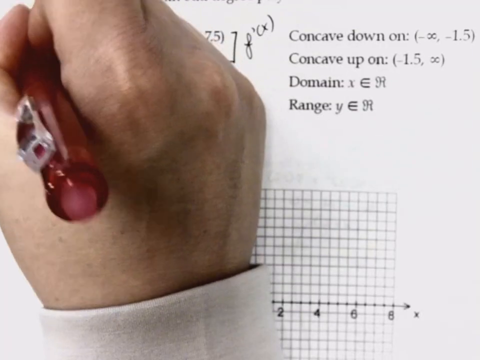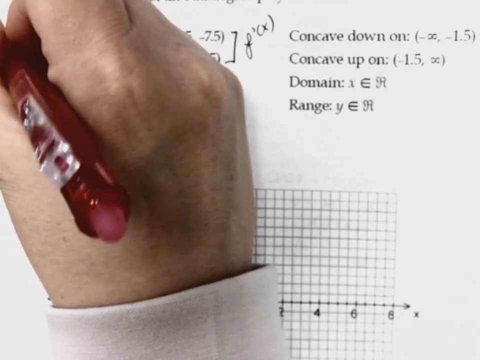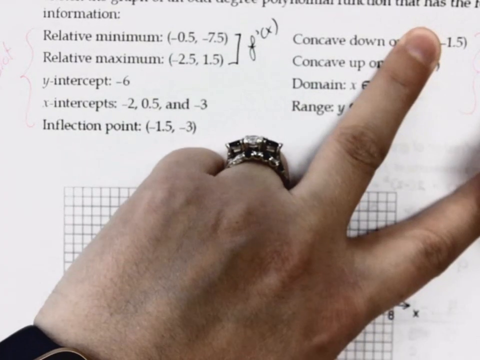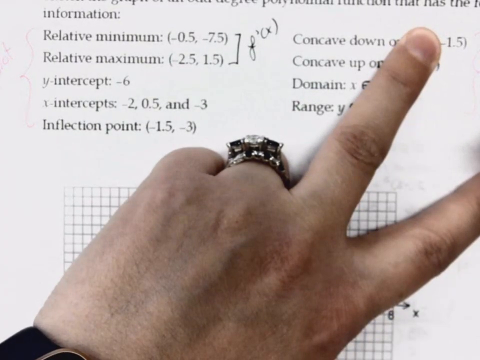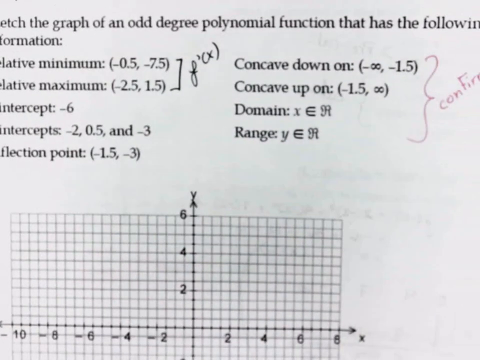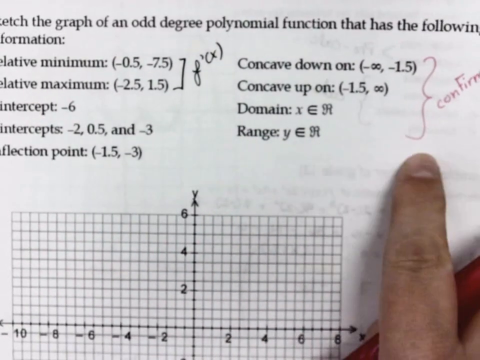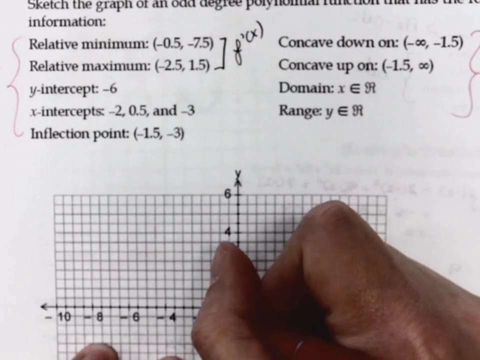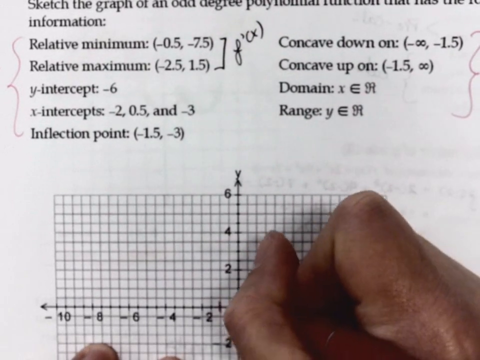Okay, everything on this side, we're plotting. Everything on this side, we're just using to confirm that our graph looks right. All right, so FYI, there's my -1, there's my +1.